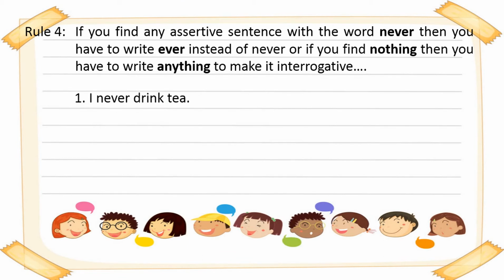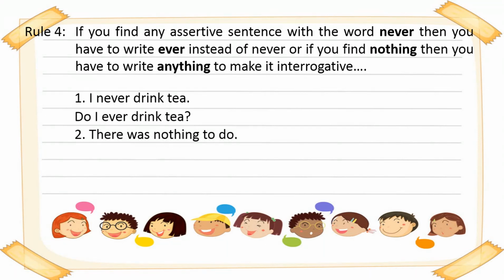From the structure, we know that we don't have any auxiliary verb in this sentence, so you have to use do, does or did. Here the subject is I, so we have to use don't. Since the sentence is negative, you have to use just do. So, do I ever drink tea? Where you find never, you have to write ever.